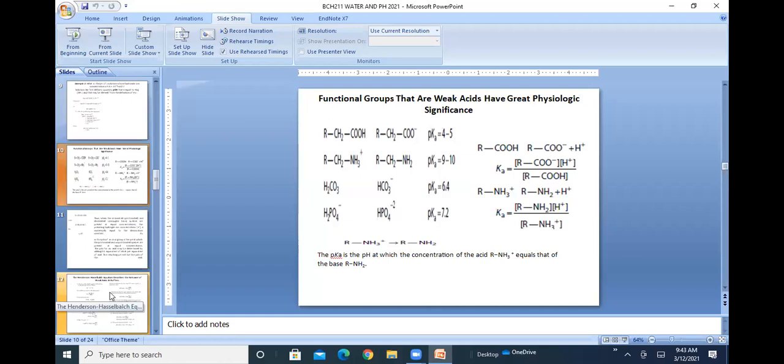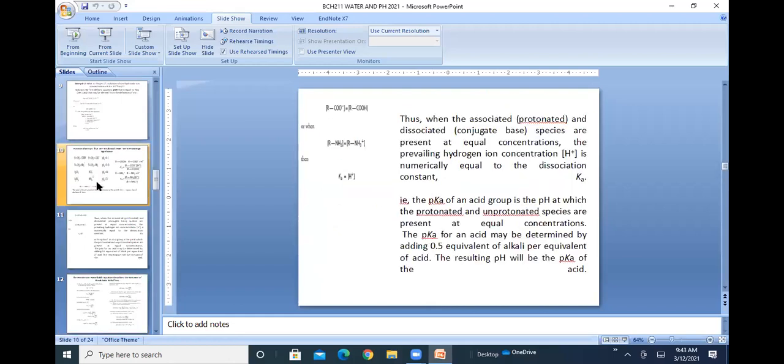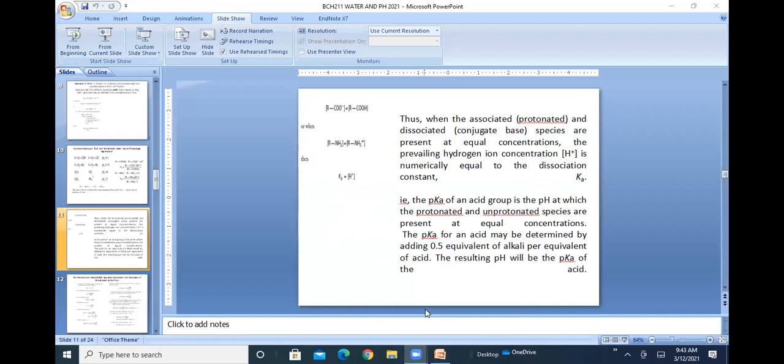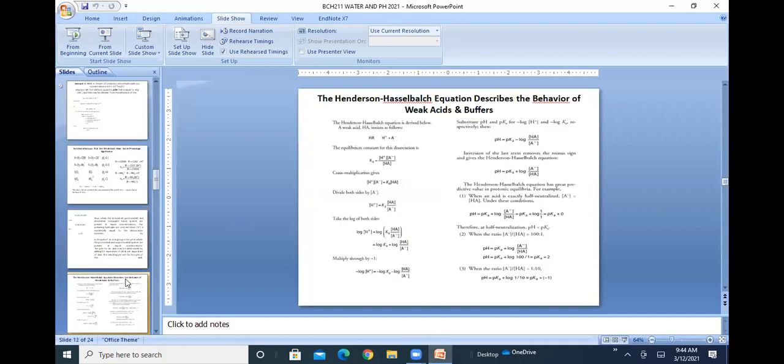So if you look at the Henderson-Hasselbalch equation, it states that the pH equals pKa plus log of base over acid.